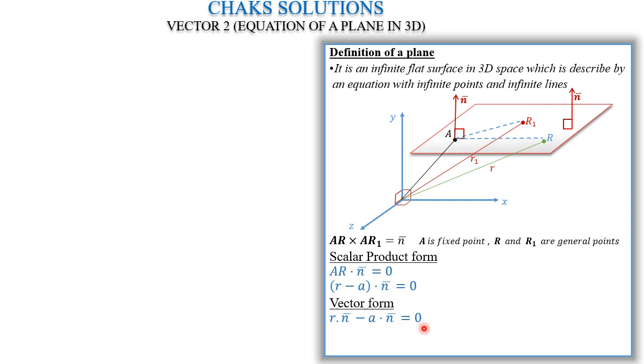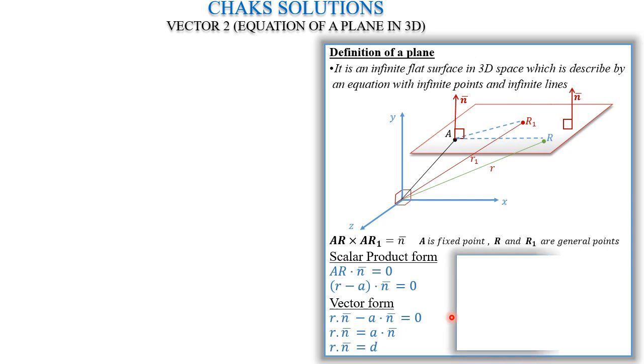This is the vector form. If you simplify this, it gives r dot n equals a dot n, which is r dot n equals d, because a dot n will give you a certain value that will be equal to d.